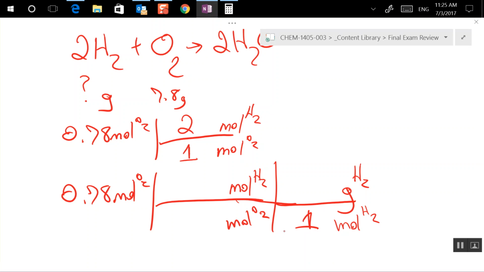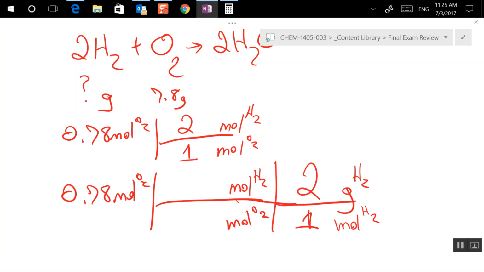So if it was for 2 moles, it would weigh 4. So if you put a 2 and a 2 here, that's not the right relationship, right? It would have to be 4 and 2 or 2 and 1. This is the correct relationship. 2 grams of H2 for every 1 mole of it. That's the relationship. So whenever it's grams and moles, moles are always 1.